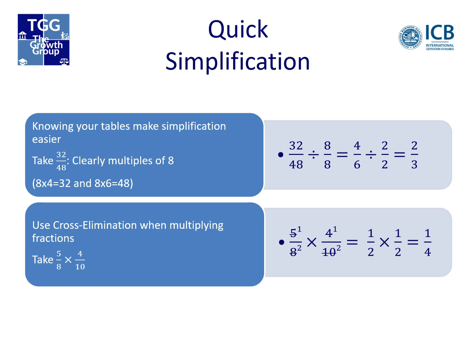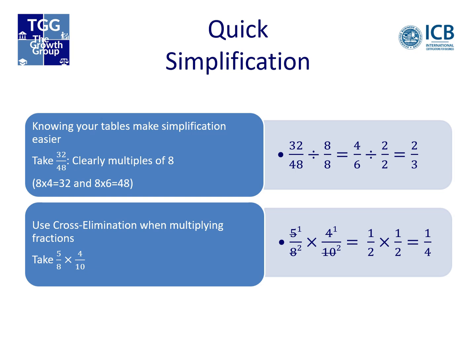Okay. The second technique that we can use here to make simplification quicker and easier is to use cross-elimination when we multiply fractions. So take the two fractions there, 5/8 and 4/10. We can now cross-eliminate because 5 goes into itself 1 and it goes into 10 2 times, while 4 goes into itself 1 and it goes into 8 2 times.